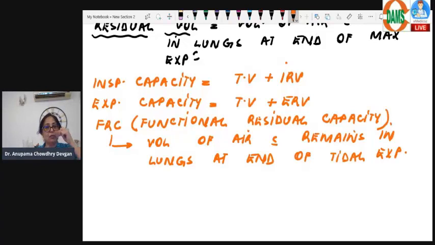FRC, volume of air which remains in the lungs at the end of a tidal expiration. This is known as FRC, functional residual capacity.